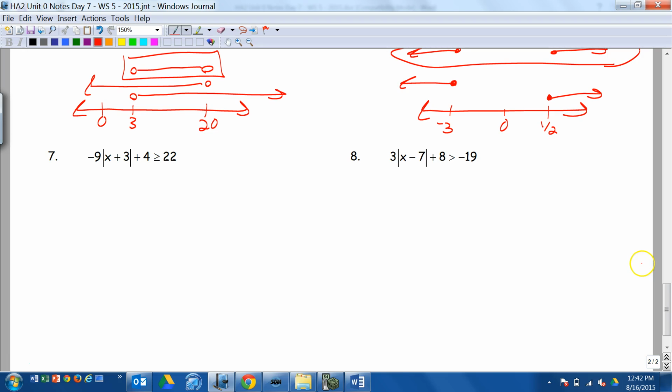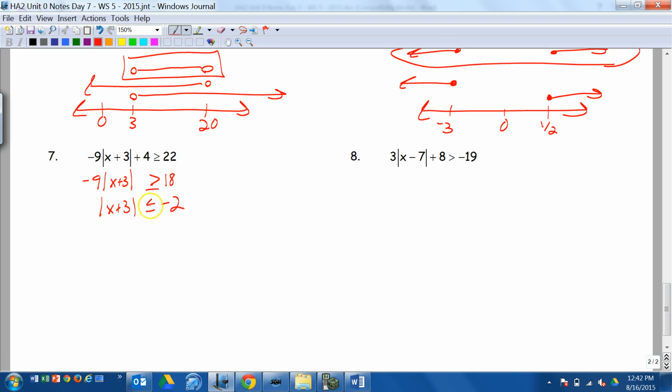We have to analyze some more. 22 minus 4 is 18. Okay. Divide by a negative. When you divide, you have to flip the symbol. Now here's the tricky one. Again, we have a negative on this side. Now with inequalities, you can have a negative on this side as long as this side is greater.